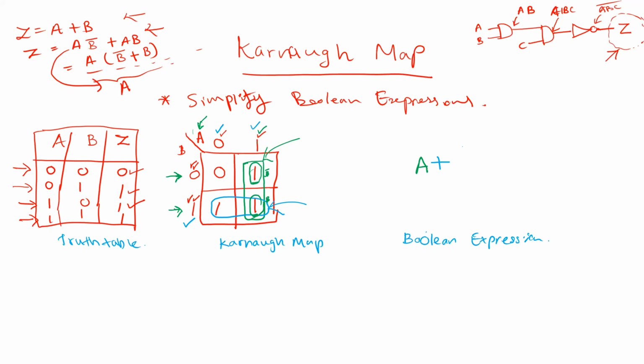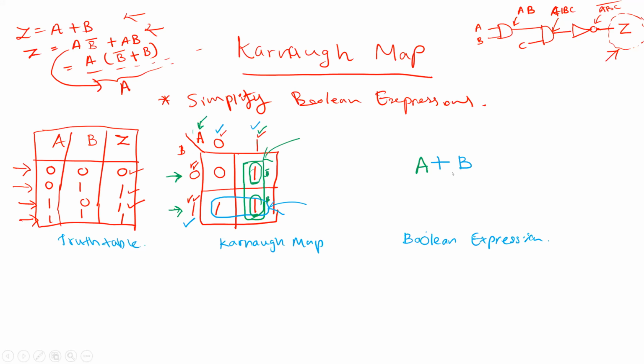Therefore, the final expression we will have is B. So what we did now is we got a truth table for representing any given expression, and we drew its Karnaugh map, and finally we derived the Boolean expression related to that.